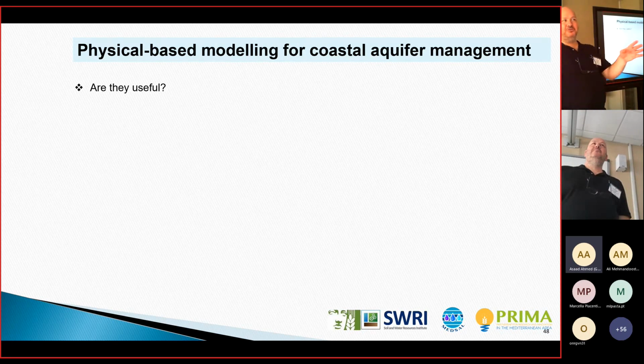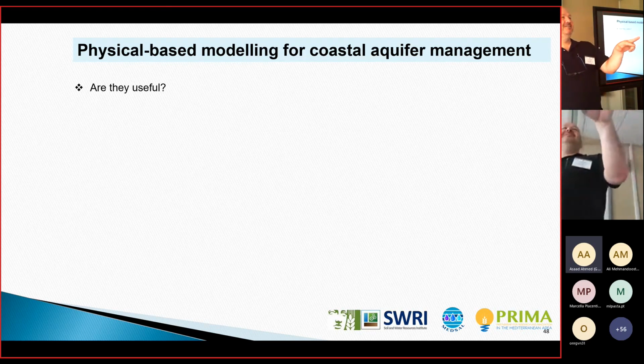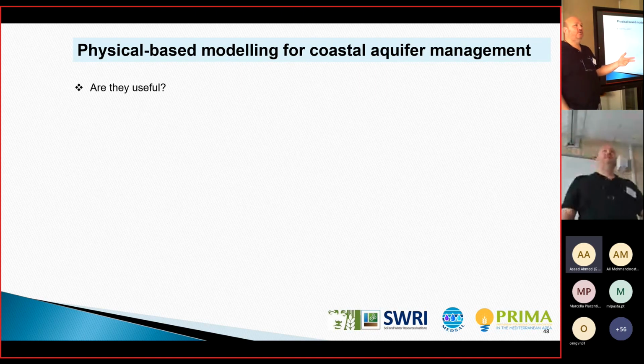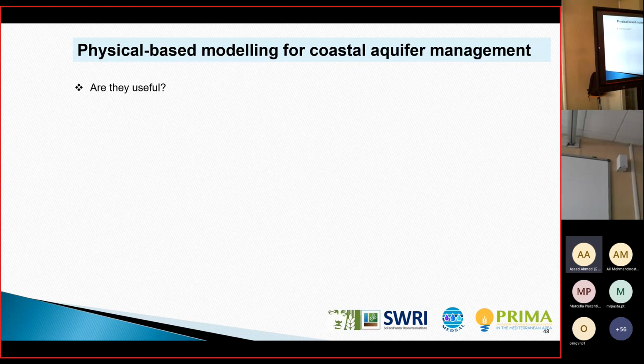But my question is quite simple, yes or no? Do we need it, yes or no? So it's okay. What do you think? What's your feeling? Do we need it for coastal management? Yes? I think it's useful, of course, but on the other hand, we need to be careful when we use numerical models, because it's supposed to be just a support tool.